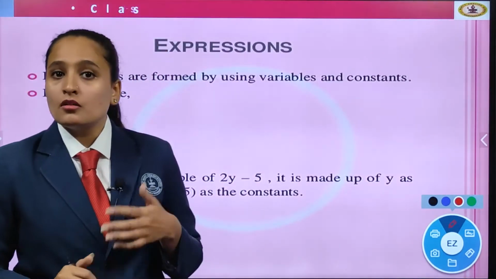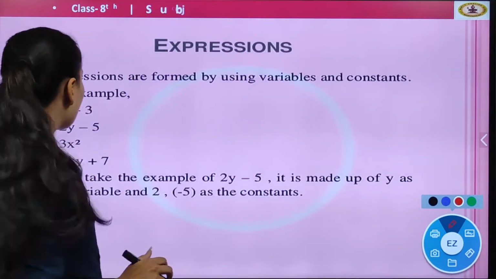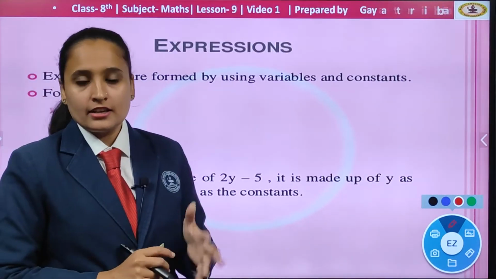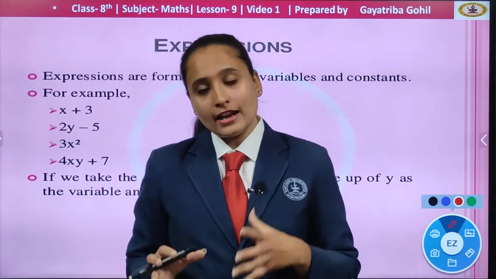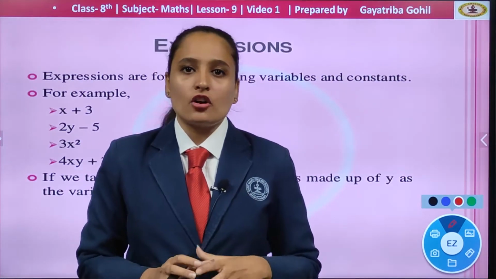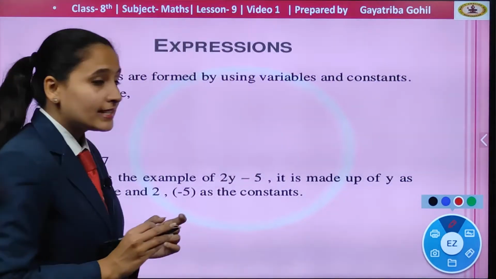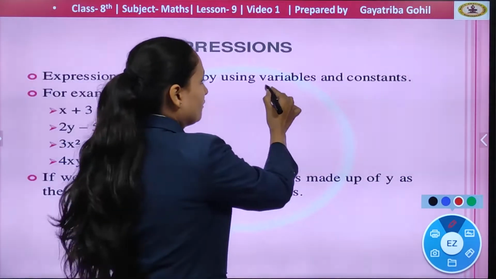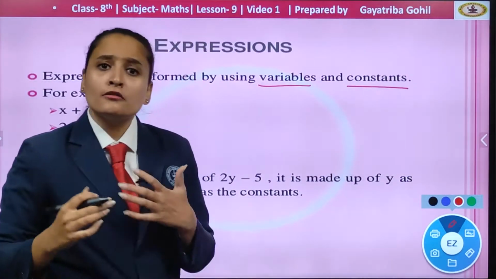First of all, what are expressions? Expressions are formed by using variables and constants. So when you bring variables and constants together, they are called expressions. Here we have two terms, variables and constants. What are those?